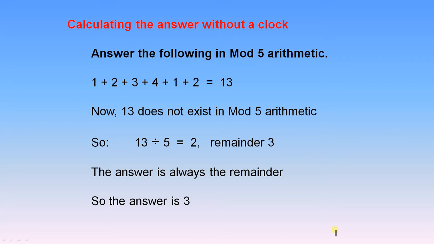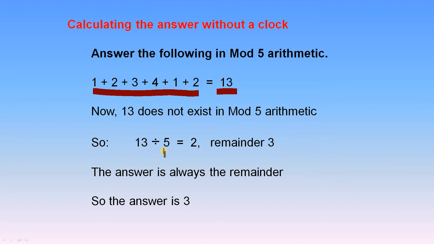Calculating the answer without a clock. Answer the following in Mod 5 arithmetic. 1 plus 2 plus 3 plus 4 plus 1 plus 2. Now if we had a dial, like we did in the previous slide, we would just go around the circle until we get our answer. But we don't have a dial, so this is how we do it. When you add all these numbers up, in traditional arithmetic it's 13. Now, 13 does not exist in Mod 5 arithmetic, so we do a division.